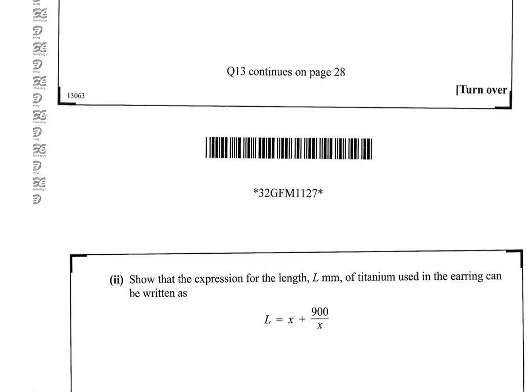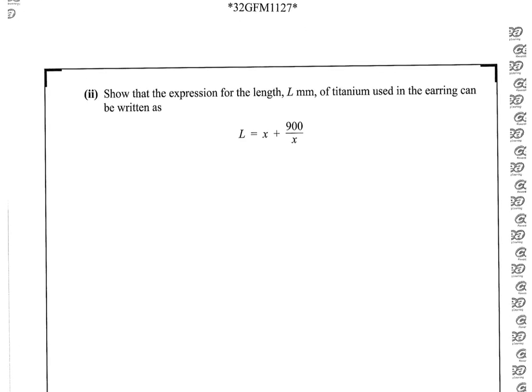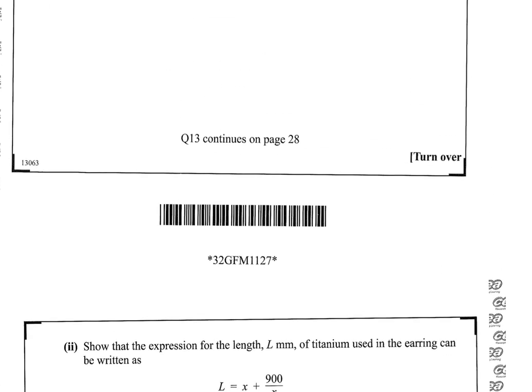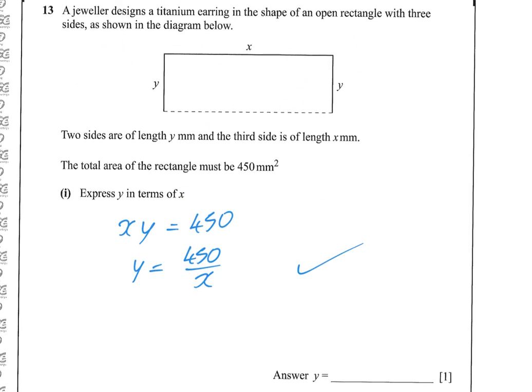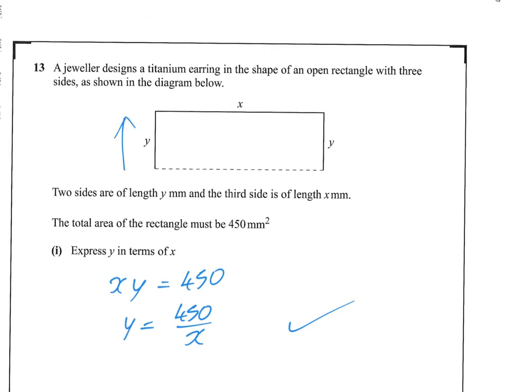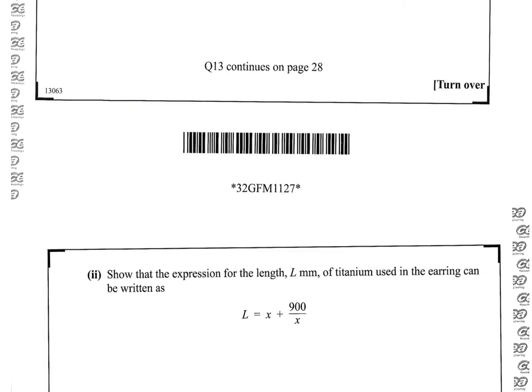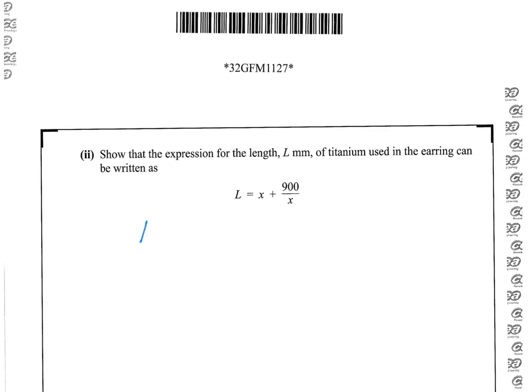Next part of the question says, show that an expression for the length L millimeters of titanium used in the earring can be written as L is equal to x plus 900 over x. Right, remember what we've got. Your length, you've got this bit, which is y, this bit, which is x, and this bit, which is y. That's your length. So your length is going to be y plus x plus y.